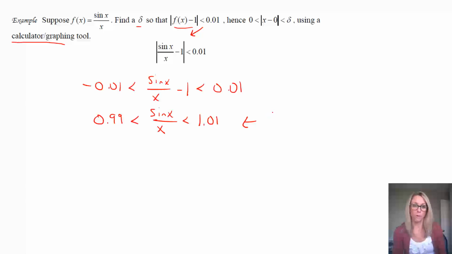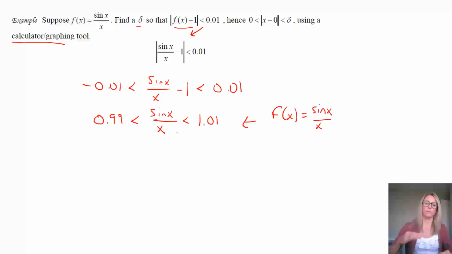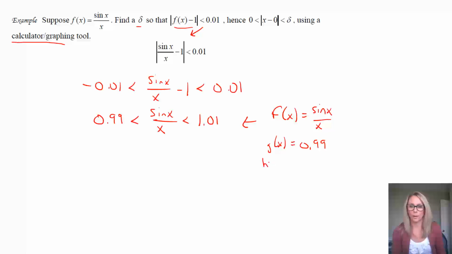So what you would want to graph is your function, f of x equals sine of x over x. And then you want it to be between these 2 constants. So those 2 constants are just constant functions, which are straight across like this on a graph. So you'd want to graph g of x being 0.99, and h of x being 1.01.